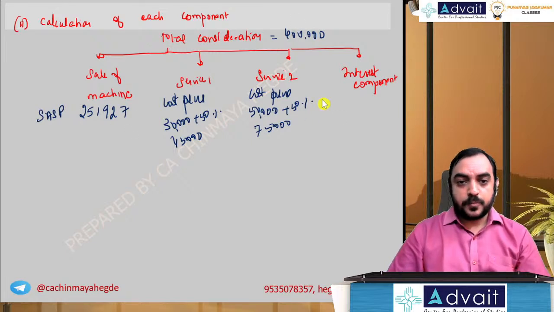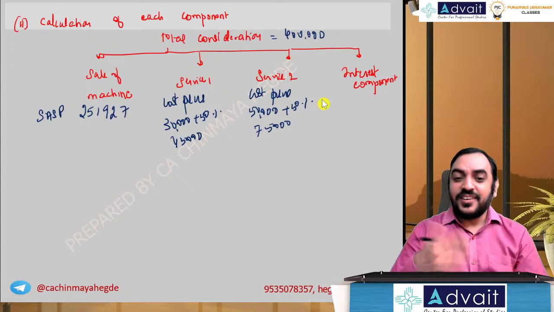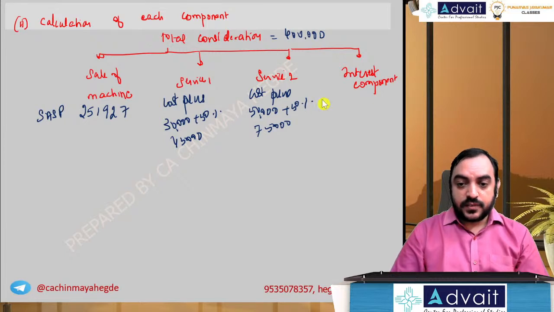Actually, you should not calculate the balancing figure; it will happen to be that case. 4 lakh minus 2,51,927 minus 45,000 minus 75,000 is 28,073. So the interest component is 28,073.